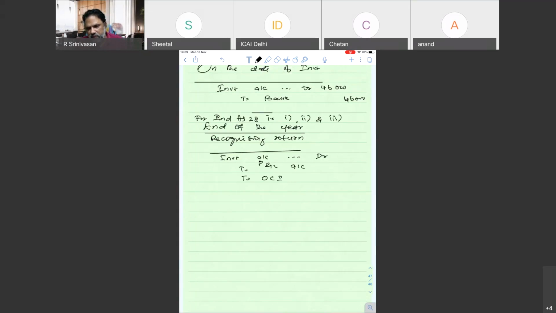We don't directly transfer bank account debit to P&L account or dividend receivable or something like that. We do this entry for the consolidation, so this will be added to the investment, the P&L account and other comprehensive income. So here we had 6,000: 4,000 for P&L and 2,000 for other comprehensive income. Okay, this is in the consolidated one, right?